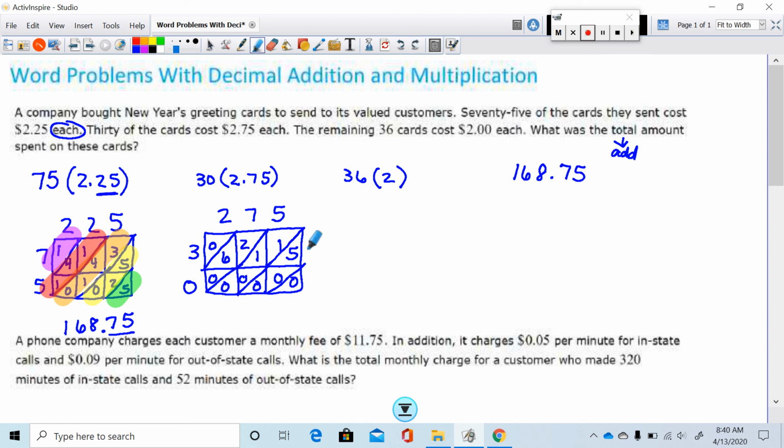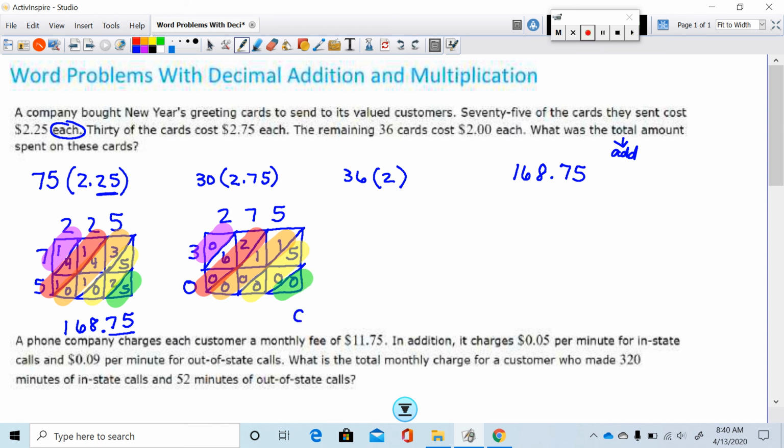So then, just for visual purposes while I'm teaching, I'm going to make each one of these diagonals a different color, because you're going to add the diagonals after that. Okay, let's add those diagonals, starting from the right, working your way to the left.